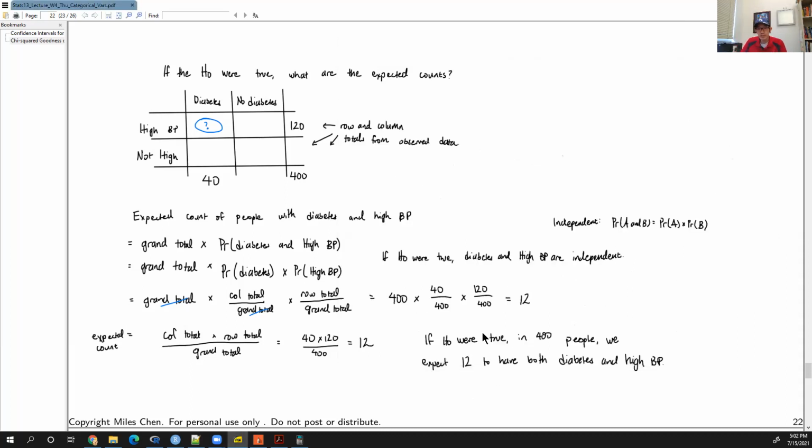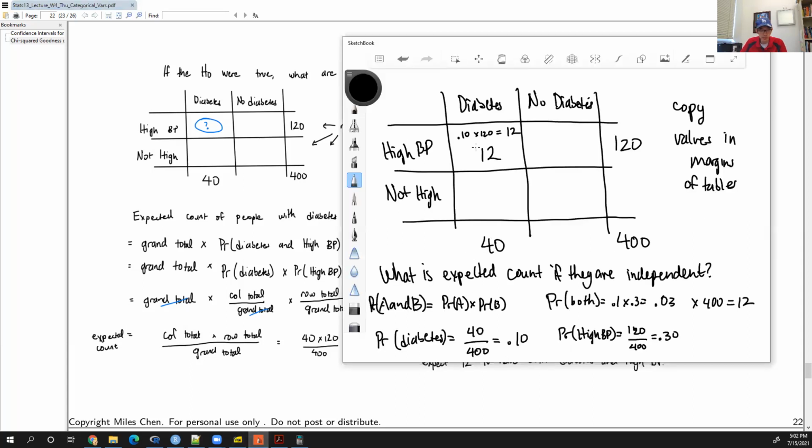That's what we would expect if the null hypothesis were true, if these two variables were independent: we would expect to get 12 in this expected count cell. Once I write this number 12 down, everything else gets locked in. We had 360 because 40 plus 360 adds to 400.